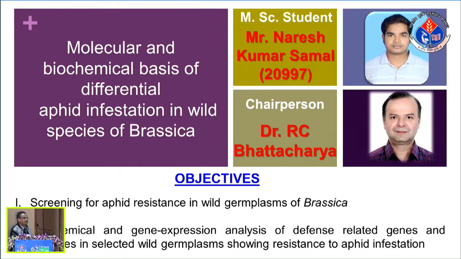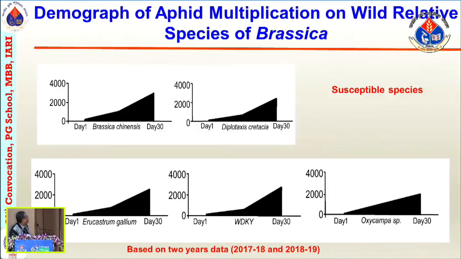Mr. Norris studied to understand the basis of differential resistance against mustard aphids in wild species of Brassica under the guidance of Dr. R.C. Bhattacharya.